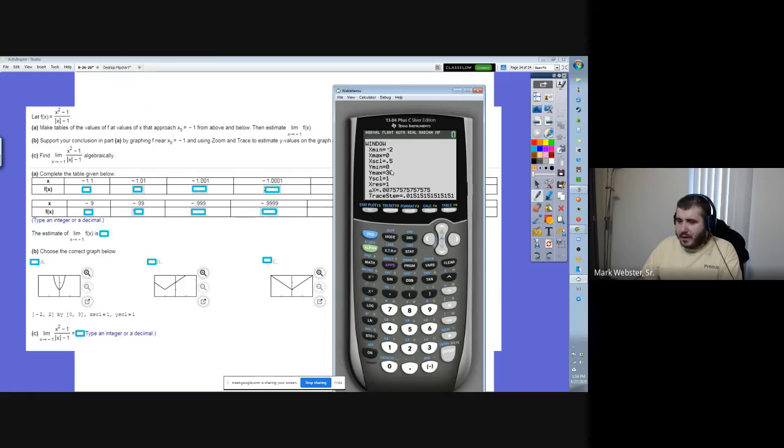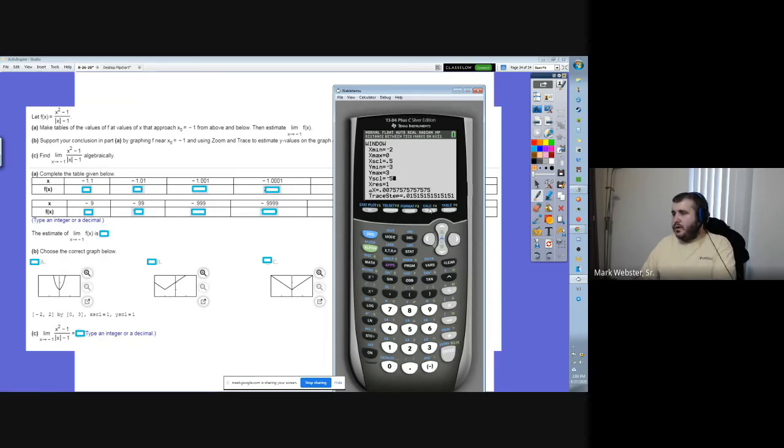Our y min is not going to be very big. Let's make it like -3, +3, and you'll be able to play around with this and see what's going on.